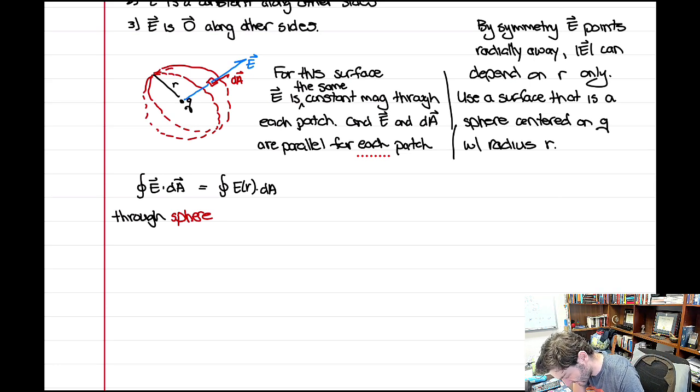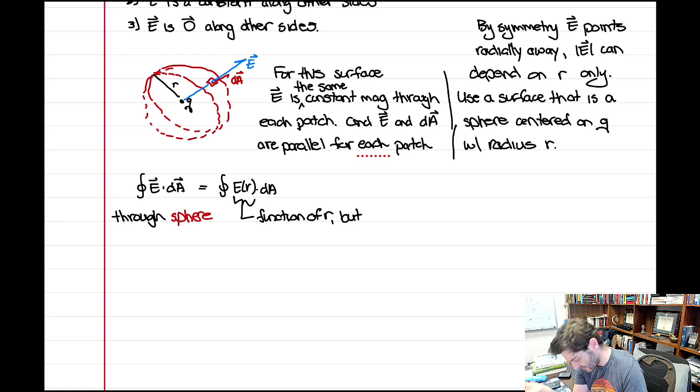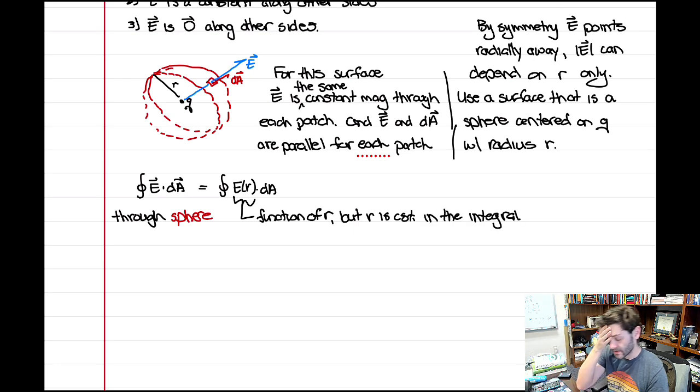So E is a function of r, but r in the case of this integral is a constant. Because what are you integrating over? You're integrating over the patches, and each patch is the same radial distance away. So E is a constant in this case.